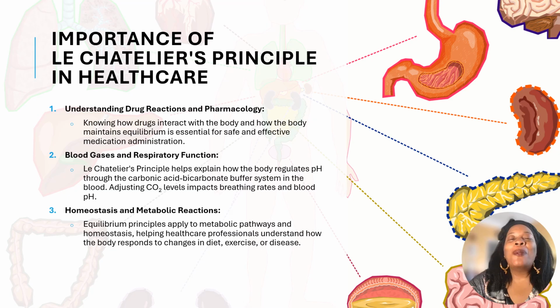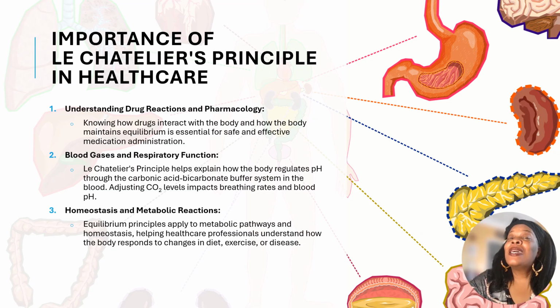Number two, blood gases and respiration function. Le Chatelier's principle helps explain how the body regulates pH through the carbonic acid bicarbonate buffer system in the blood. Again, it helps adjust carbon dioxide levels, because those impact your breathing rates and your blood pH. Think about it: have you heard of alkalosis and acidosis?